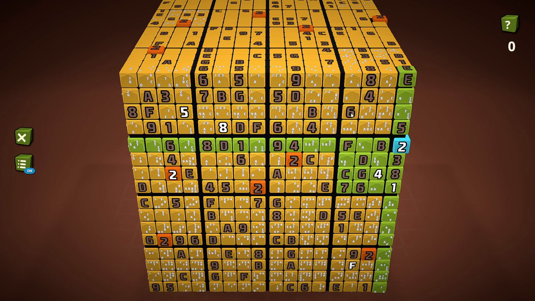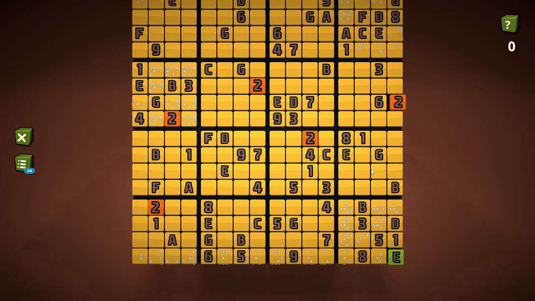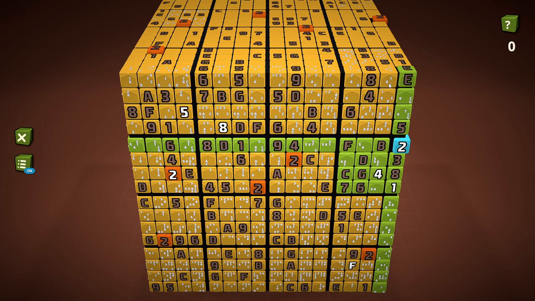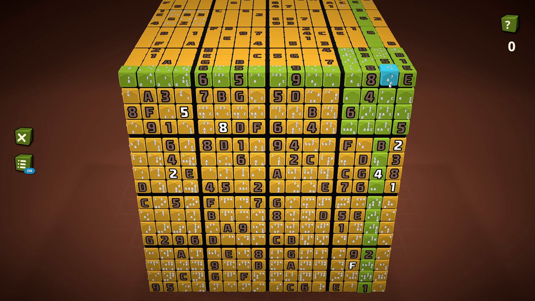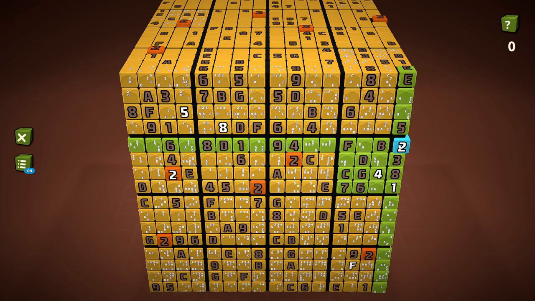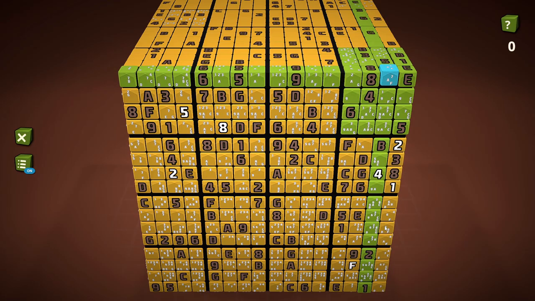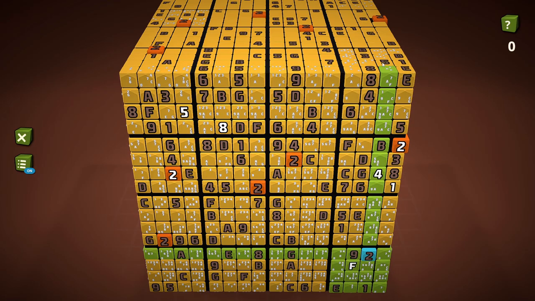So why can't this be a 2? Why could this not be a 2? That could be a 2, but that can't be a 2. Those can't be 2s. Oh, that can't be a 2 because of this way down here. Sniped.